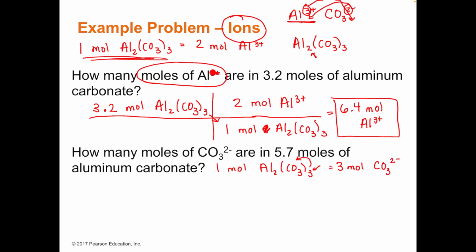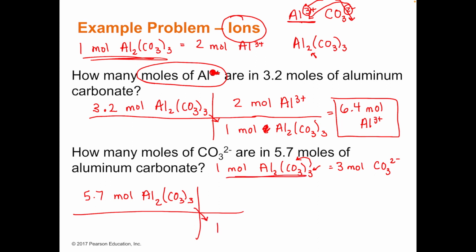We're starting off with 5.7 moles of aluminum carbonate, and we're going to cancel down and to the right. Moles of aluminum carbonate has to cancel down and to the right. So that means this side will go on the bottom, 1 mole of aluminum carbonate, and that 3 moles of carbonate will go on the top. If we multiply this out, we will get that there are 17.1 moles of carbonate.